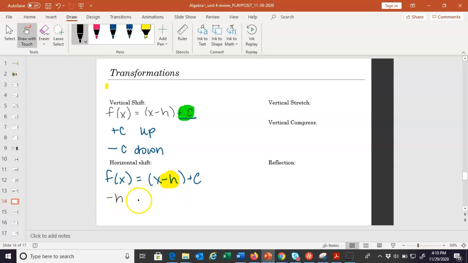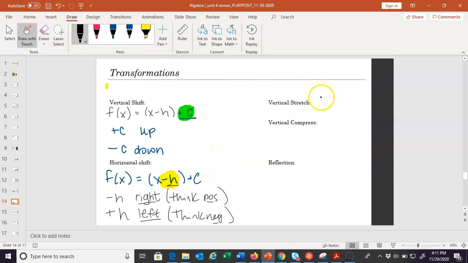So if it's a negative H, it's going to go to the right. If it's a positive H, it's going to go to the left. You want to think positive and negative, right? Because positive goes to the right and negative goes to the left. And the H value is inside the parentheses.